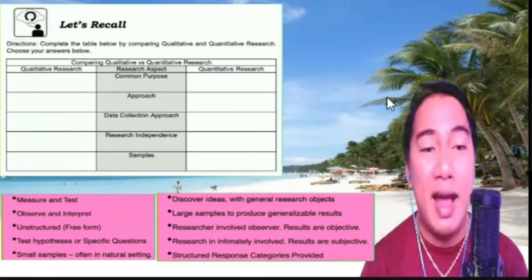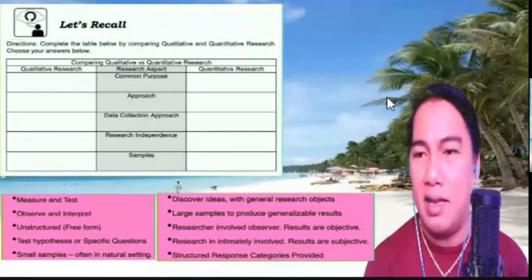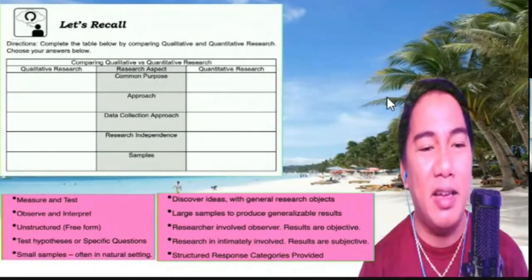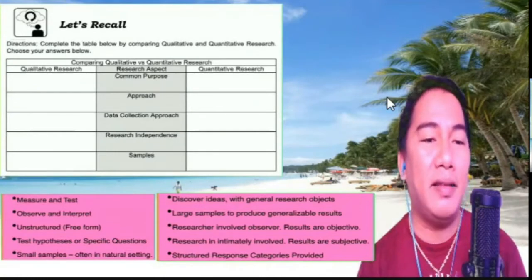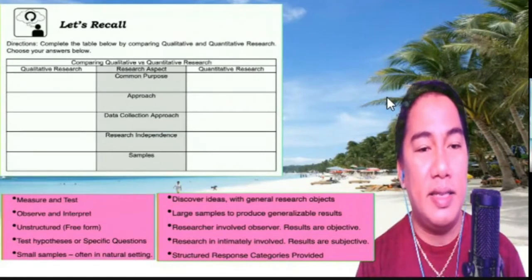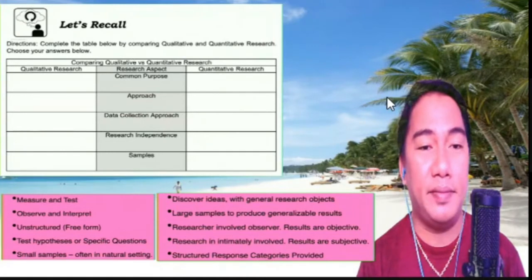That's qualitative. Very good, Kylie. Unstructured is qualitative. Where is that? Samples? Approach? Data collection approach, sir. Research data collection approach.